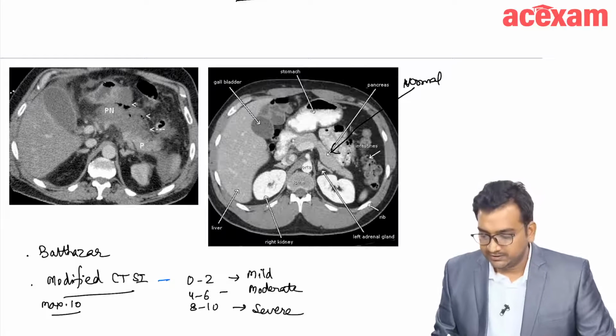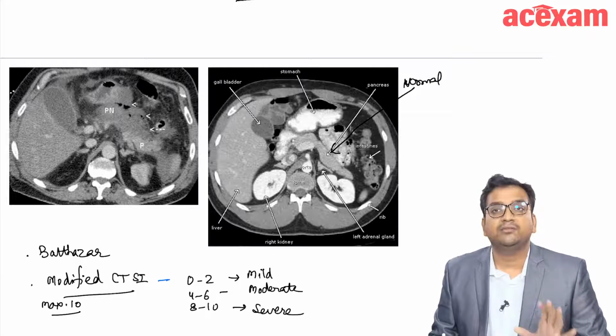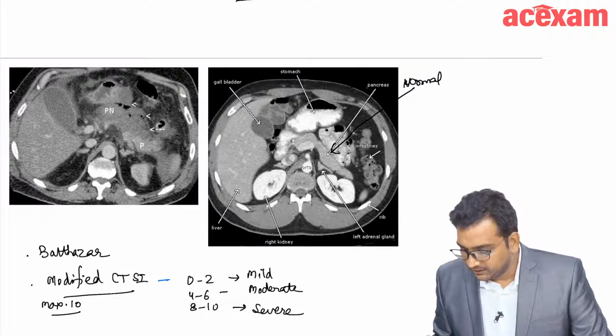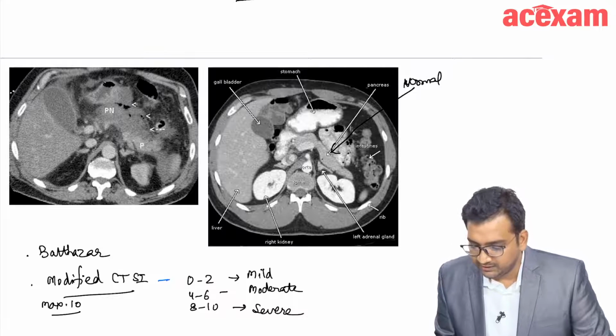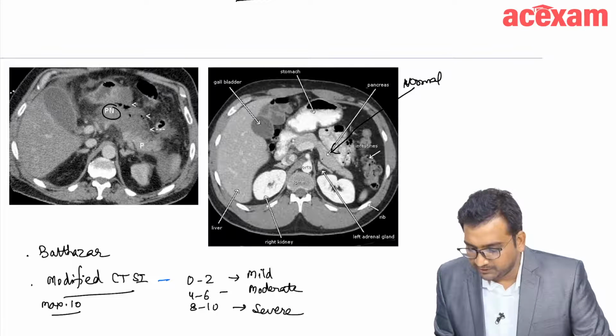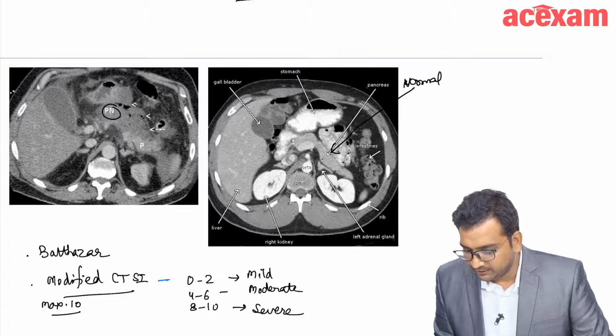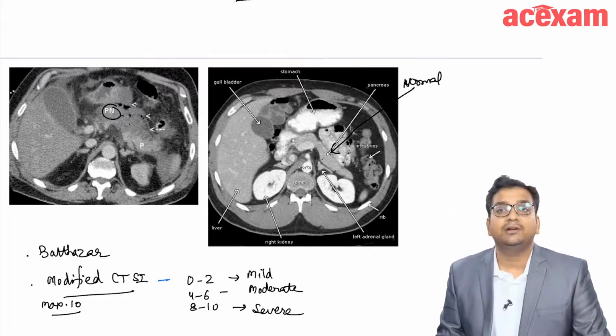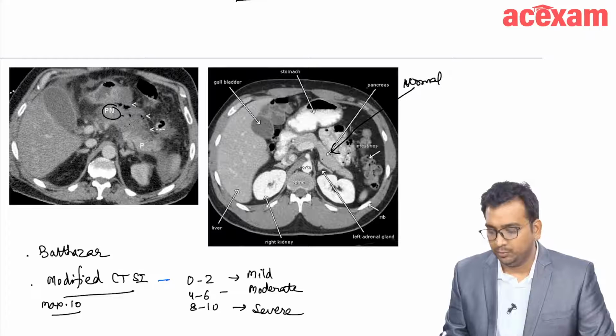Now just see in this picture, this is a picture of acute pancreatitis. You can see that the whole of the head and body is enhancing. Here where it is written PN, this is pancreatic necrosis. There is non-enhancing area here, with no enhancement on the contrast phase also.